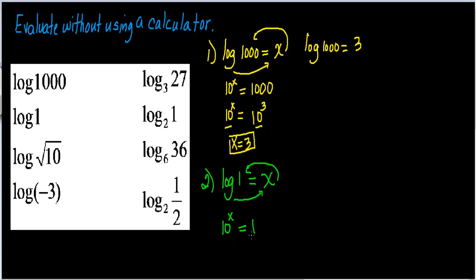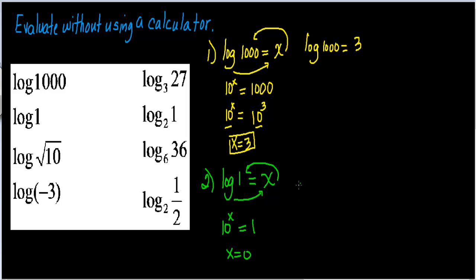You remember that exponent law. Any number raised to the 0 power will equal 1. So if 10 raised to the x power equals 1, it must be because x is 0.